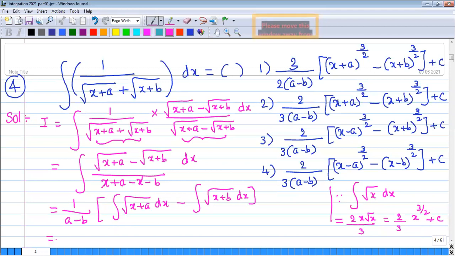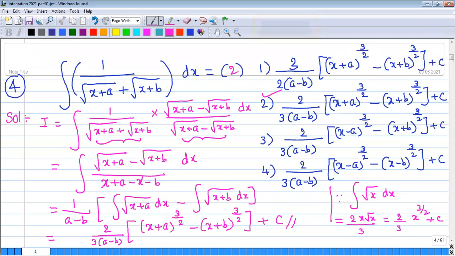So you can take 2 by 3 common directly. This will be 2 upon 3 times a minus b, into x plus a whole to the power of 3 upon 2 minus x plus b whole to the power of 3 upon 2, plus constant of integration. That means the second option is the right option.